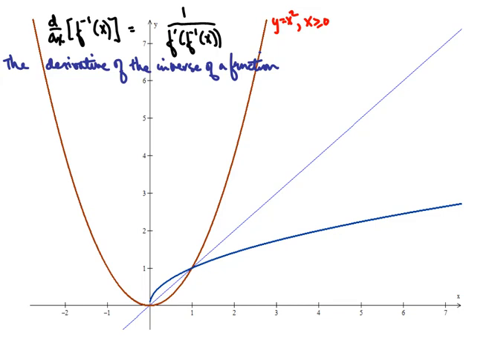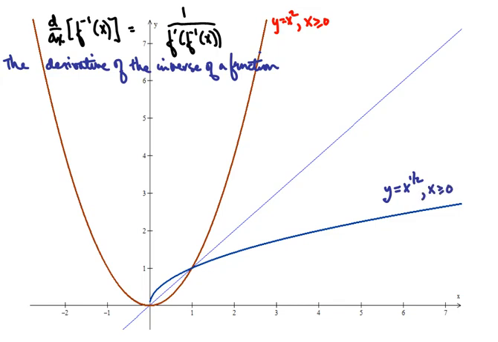When we restrict the domain of y equals x squared to only have x values greater than or equal to 0, then its inverse would be the function y equals square root of x, or y equals x to the 1/2 power, again for x values greater than or equal to 0.